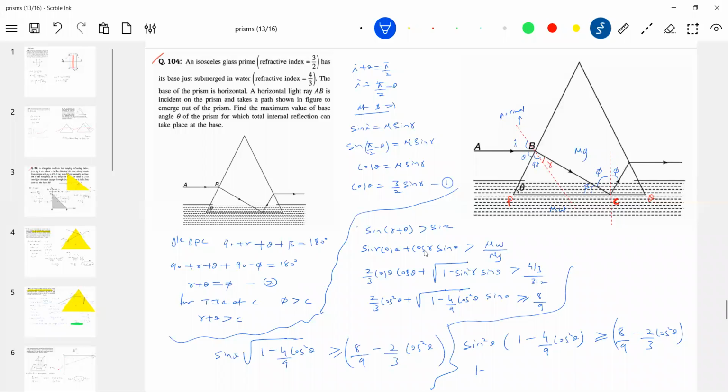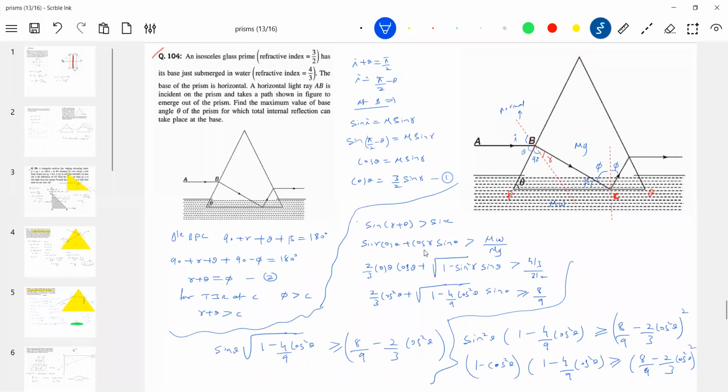Sine square theta, again I'll write as 1 minus cos square theta, times 1 minus 4 by 9 cos square theta, equals 8 by 9 minus 2 by 3 cos square theta, whole square. This much is what we have. So solving for cos square theta will get the required answer. I'll write down the answer. Please solve it.